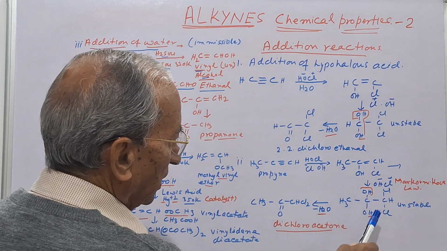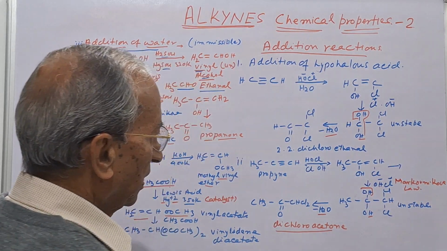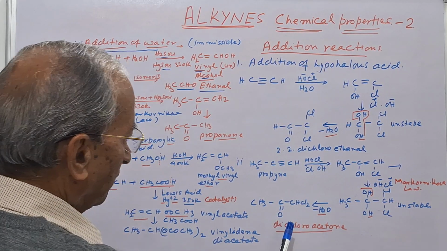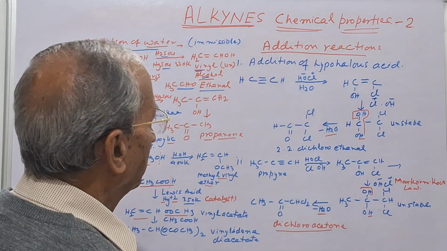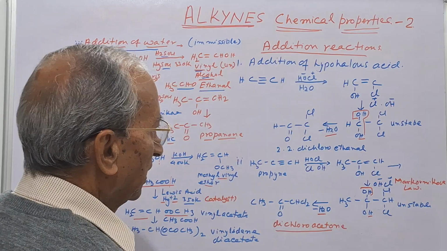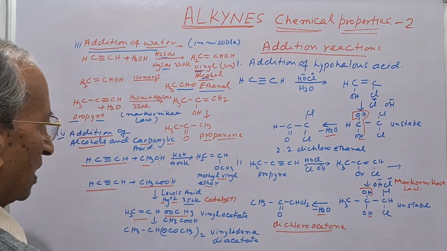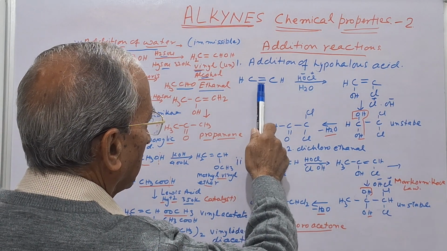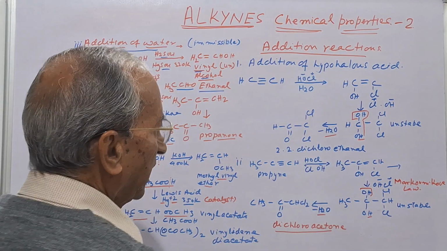Here again, addition of HOCl takes place by Markovnikov's law, and one molecule of water is removed, and here it forms dichloroacetone. The point is that addition of the hypohalous acids gives the aldehyde or the ketone, that is, the carbonyl compounds. These carbonyl compounds are formed by the action of hypohalous acids in the presence of water.